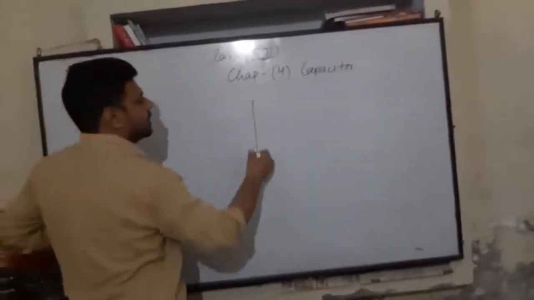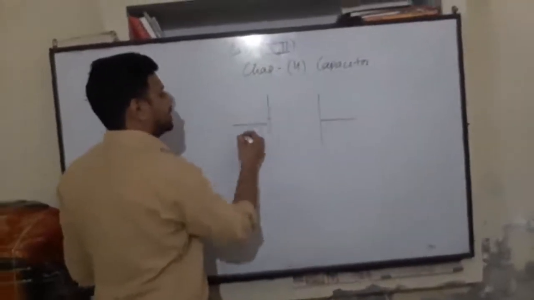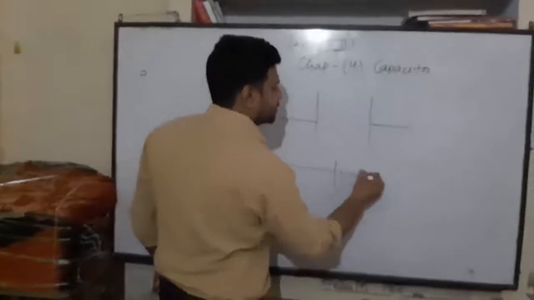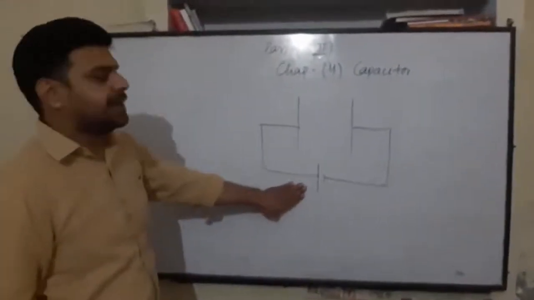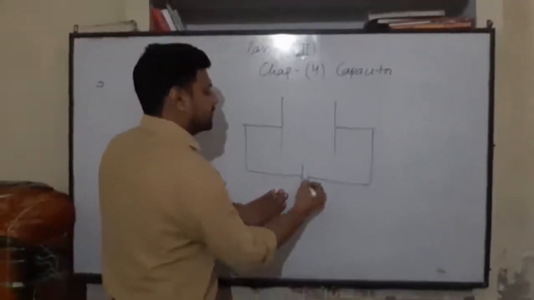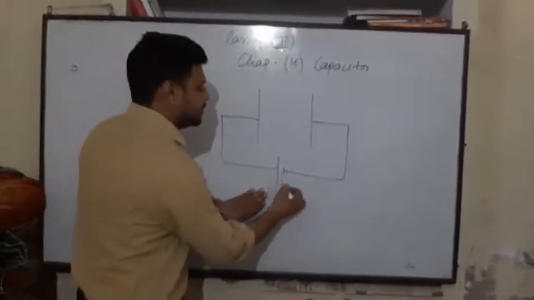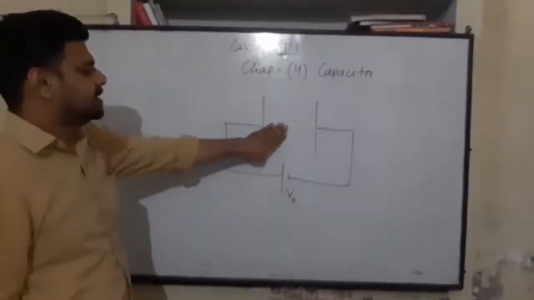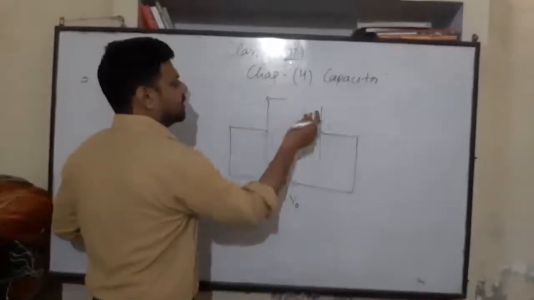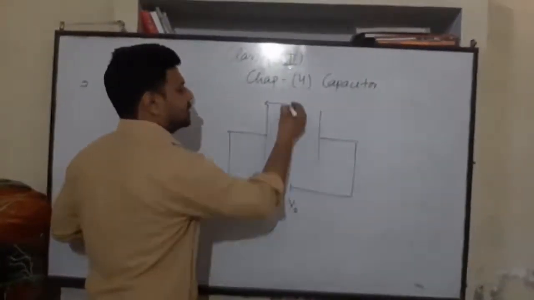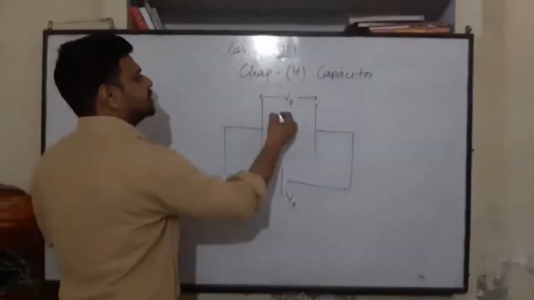Consider we have a capacitor and it is fully charged with the help of a battery having potential difference V naught. This capacitor is fully charged, so it means the potential difference across the plates of this capacitor will also be V naught. And the value of charge is Q naught.